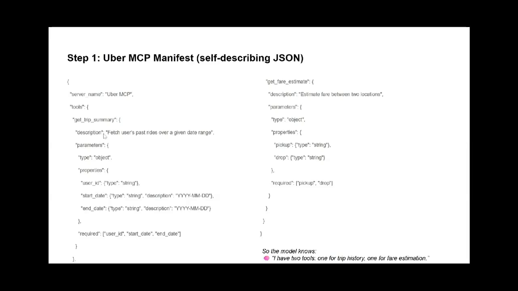The description is understandable: the get trip summary tool is used to get past rides over a given date, and what details are required is mentioned in the properties. For example, user ID, start date, and end date. These three fields are required. Similarly, for get fare estimate, what two details are required? Pick up and drop. So now the model knows that there are two MCP tools.